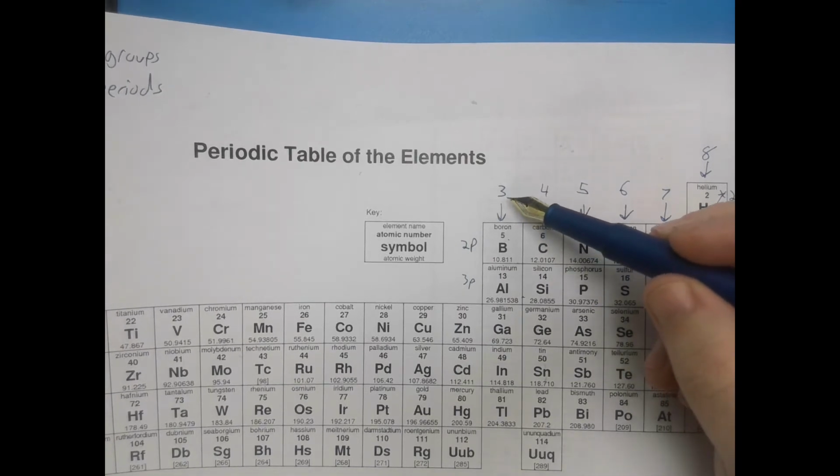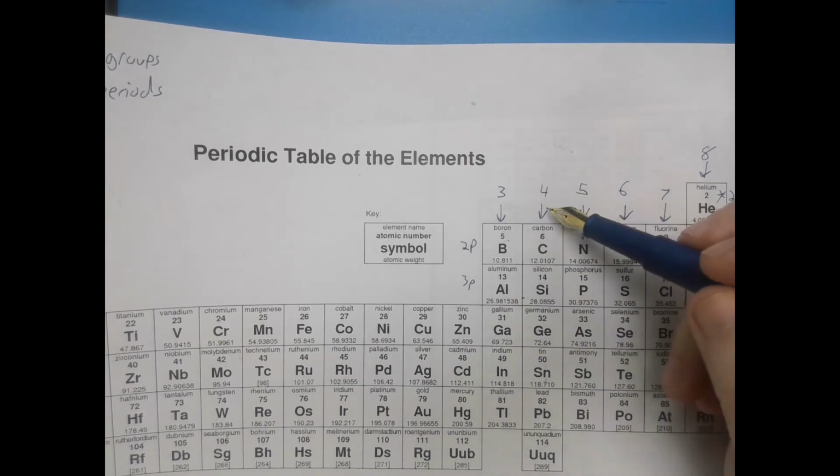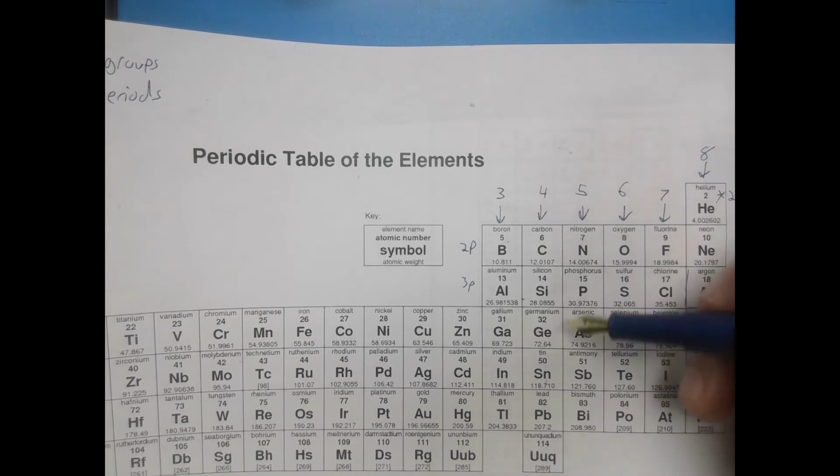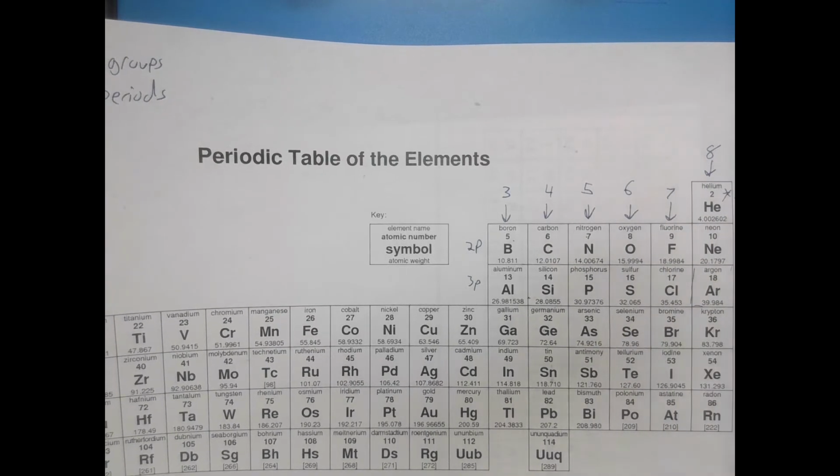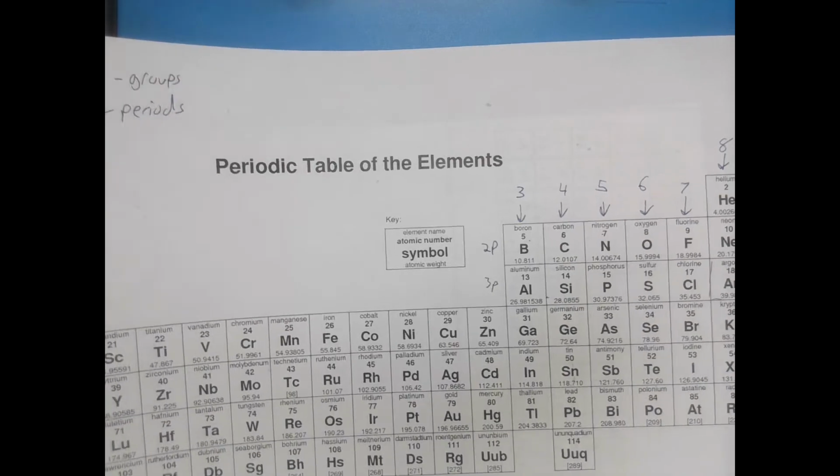Skipping transition metals, these all have 3, these have 4, these have 5, these have 6, these have 7, and these have 8. The octet rule states that every atom wants to become stable by having a full valence shell.